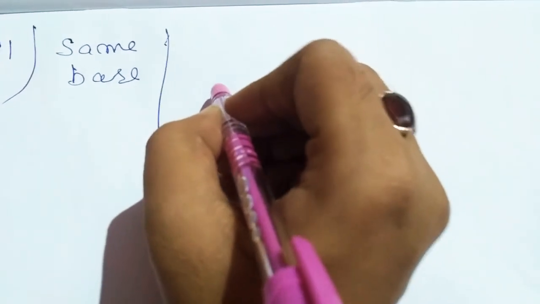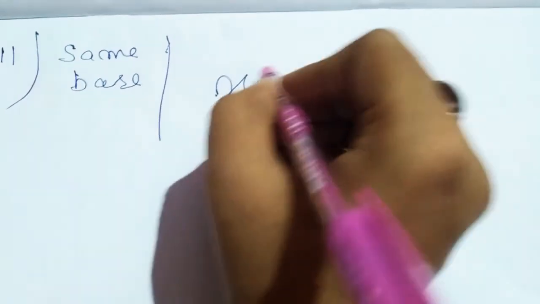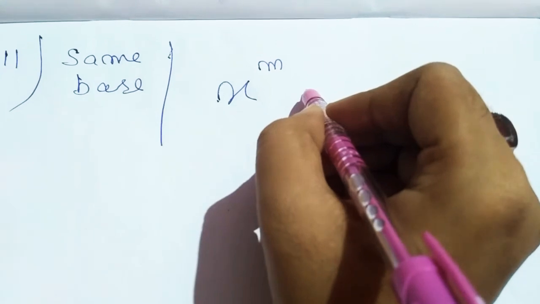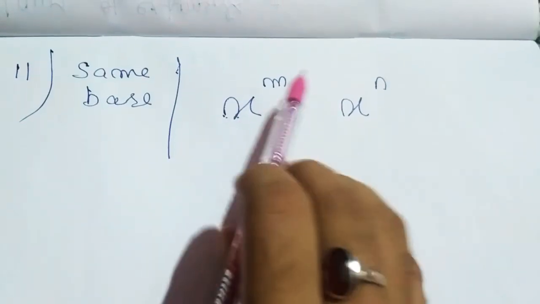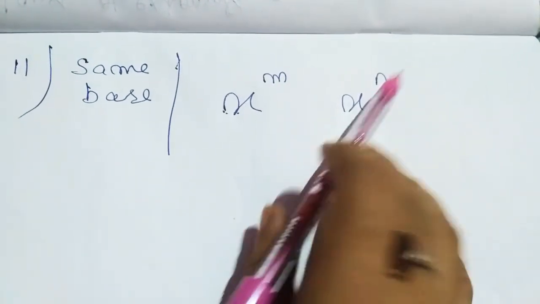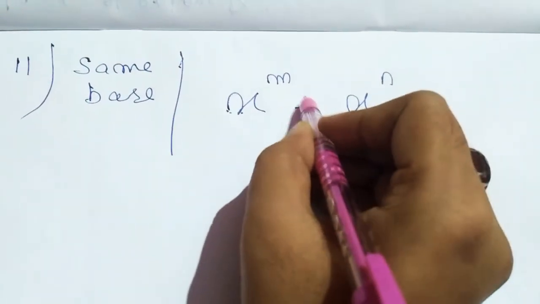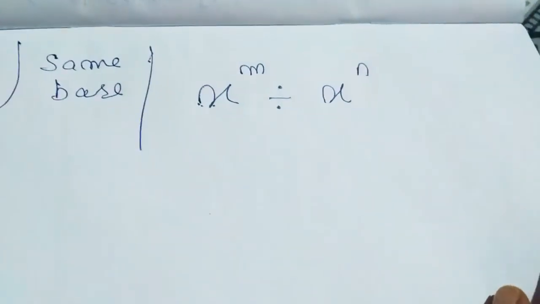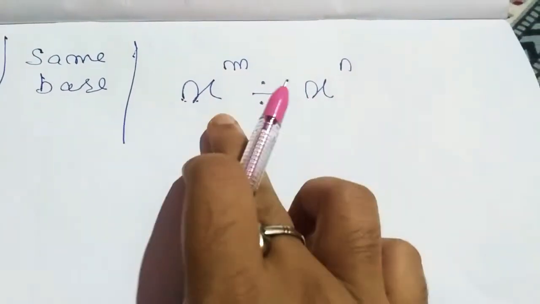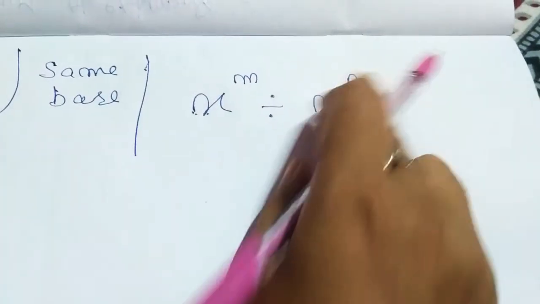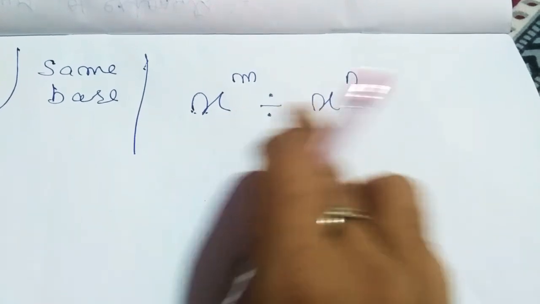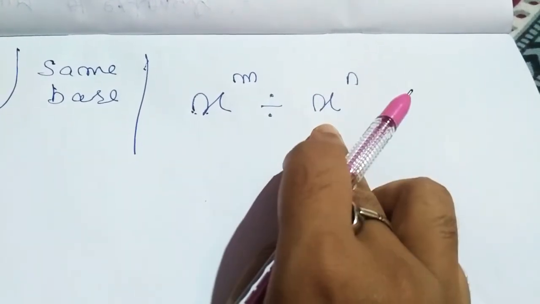Okay, here also I will take the same base, x to the power m and x to the power n. Same base, exponents different, but both are combined with division. x to the power m divided by x to the power n, both are combined with division.